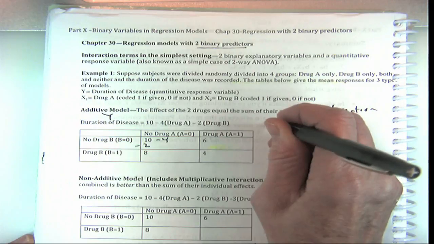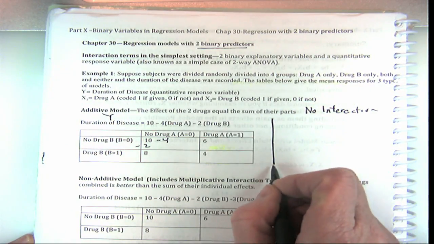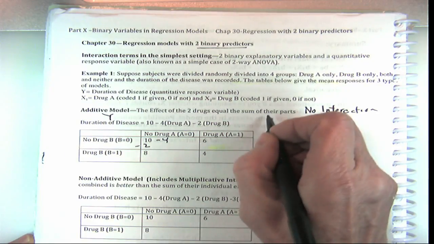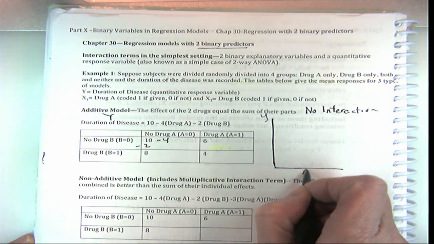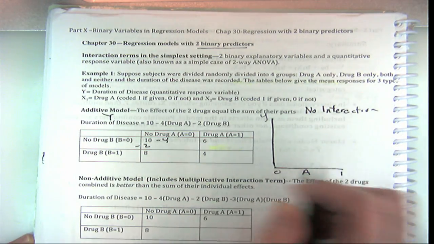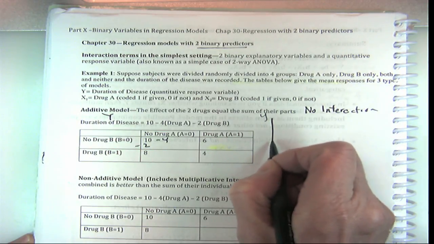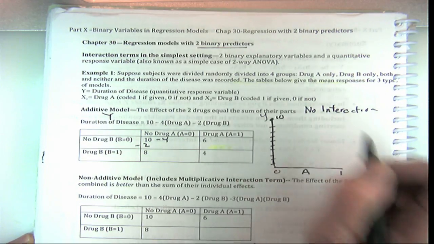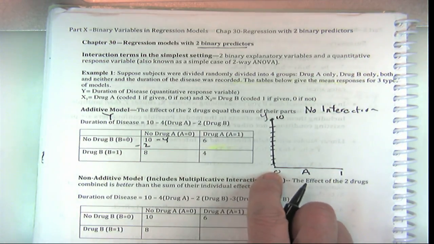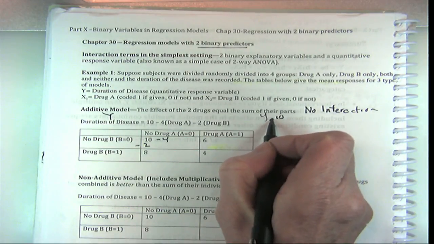And if you wanted to graph it, you can't graph all 3 variables in a plane, right? So I'll have the y, and here drug A goes from 0 to 1, and y goes 1, 2, 3, 4, 5, 6, 7, 8, 9, 10. What it's saying is if you don't take any drug, when A is 0 and B is 0, then you're at 10.